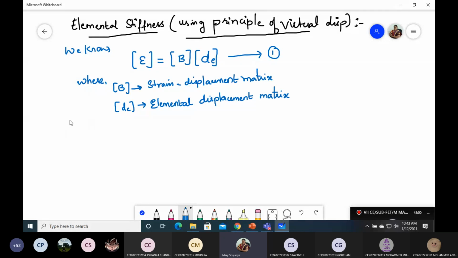Now, write down please, let sigma be the matrix. What is this matrix? Stress vector.